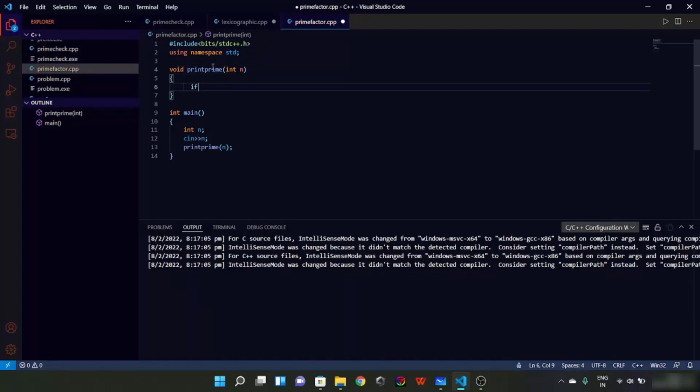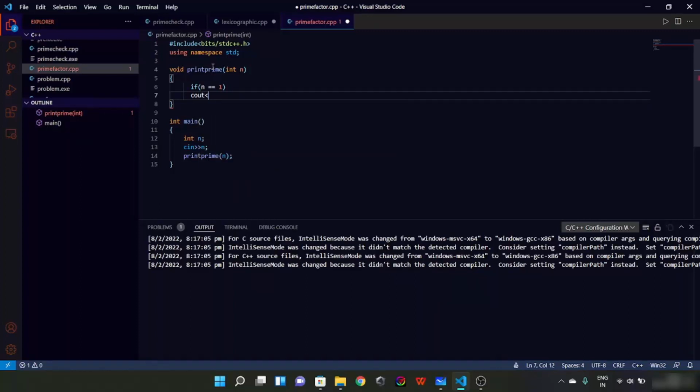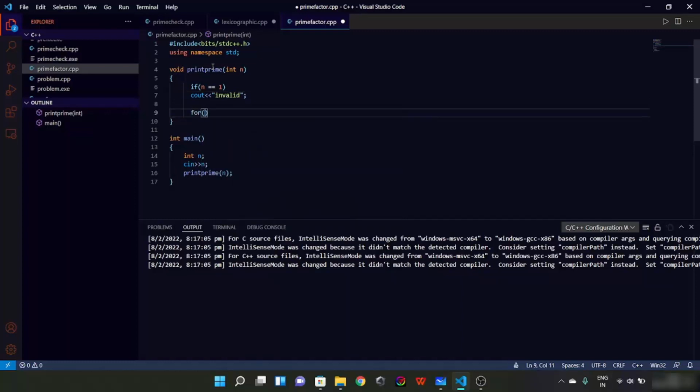Alright. So first, if n is equal to 1, what we are going to do is cout invalid, because n is not a prime number, or n won't have any prime divisor. You can see that it's common sense. So now we'll have a loop here where i starts at 2.